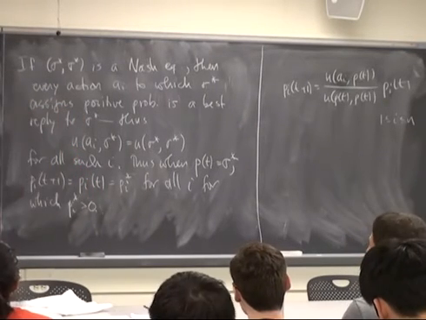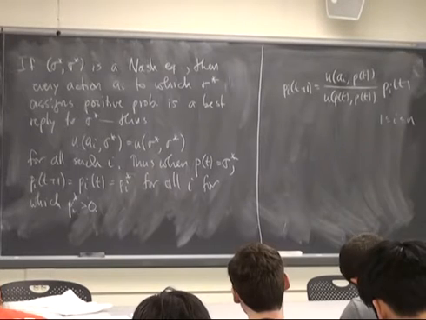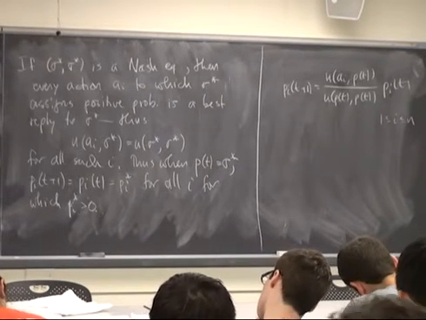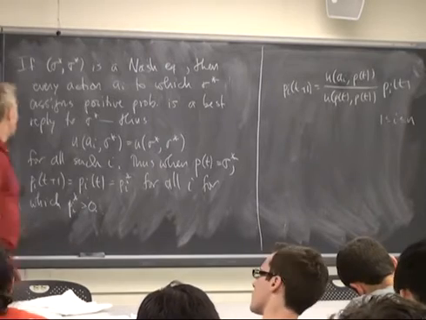And if Pi star is 0, that's already taken care of, because if you have Pi of t equals 0 at any t, then Pi of t plus 1 is going to be 0.